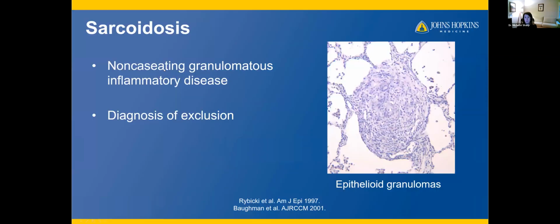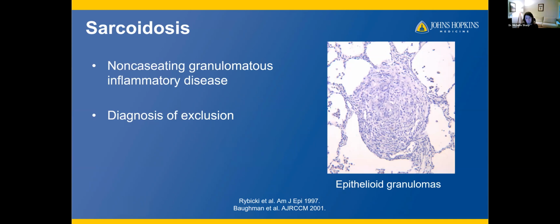So let's talk about sarcoidosis first. Sarcoidosis is a disease that's characterized by non-caseating granulomatous inflammation, and what I'm showing you here is a granuloma. A lot of individuals with sarcoidosis have a biopsy that comes back with non-caseating granulomatous inflammation, and they're told, you have sarcoidosis.